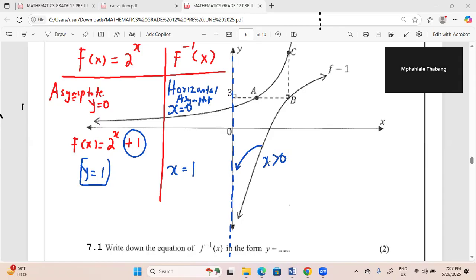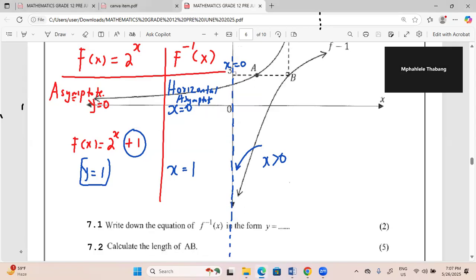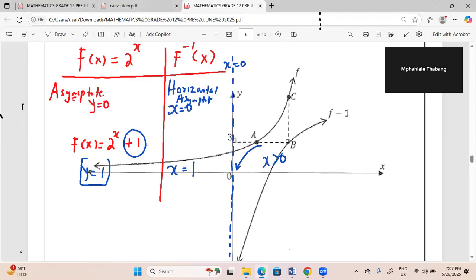No, no. The inverse cannot touch this vertical line of x equals 0. So we say all values of x ought to be greater than 0. That was one of the great questions that they brought. So be careful. The y asymptote of a function will be the x asymptote of the inverse of a function.